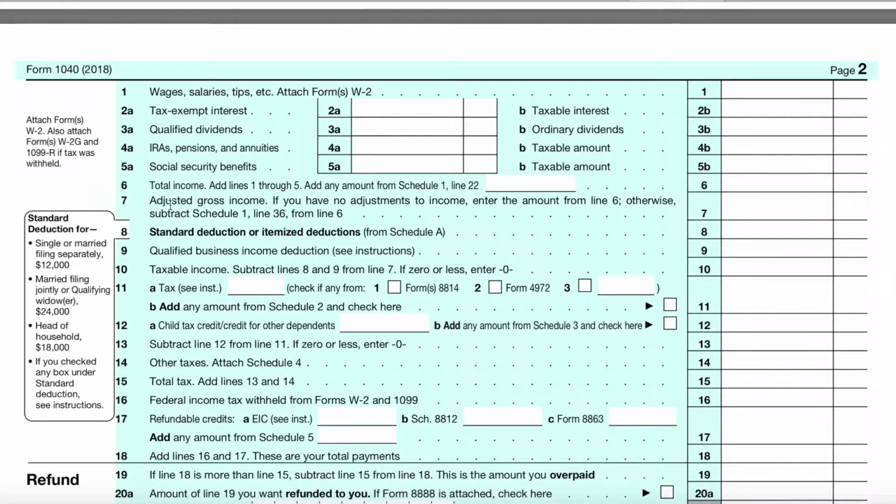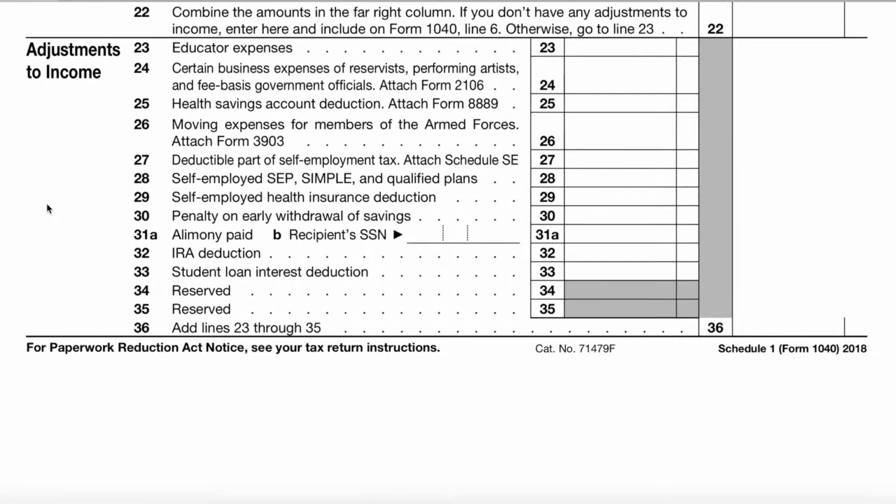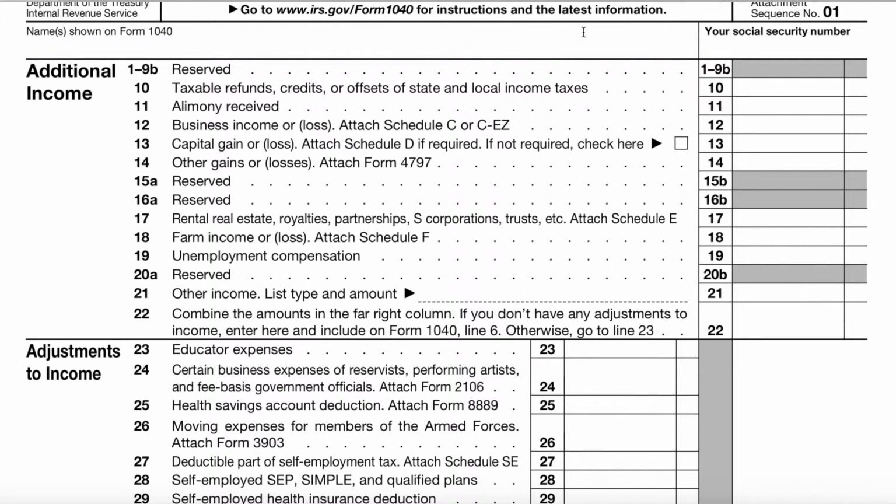And from this, we just subtract the deductions for AGI, and that'll be found on Schedule 1 as well. Line 36, which is the sum of line 23 to 35. And we see educator expenses, IRA deductions, qualified plans, and all that stuff.